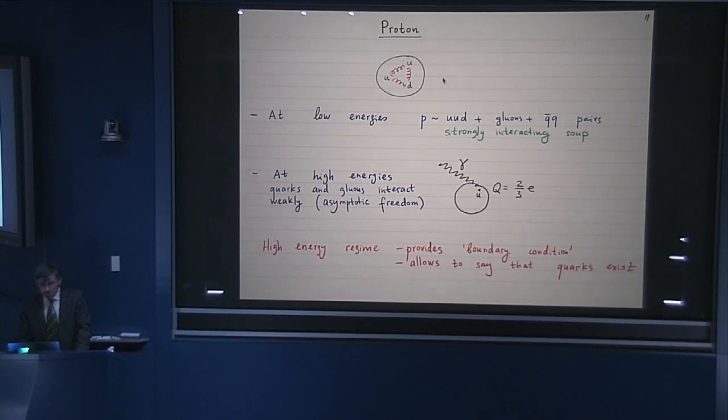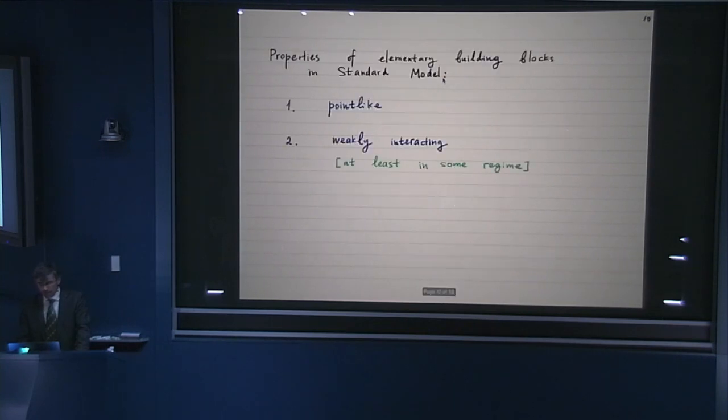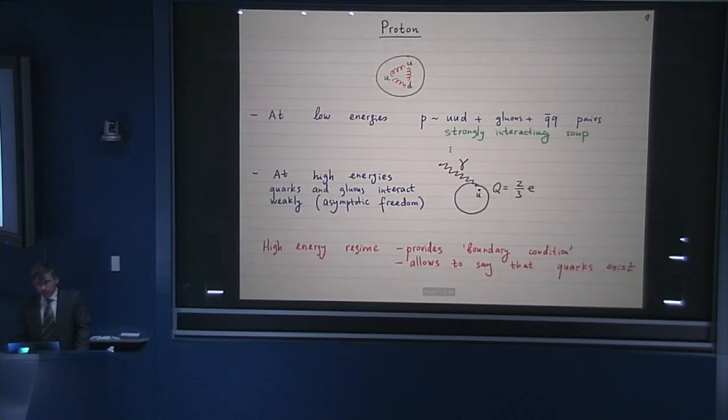And for example, let's take the proton. The proton shows that this qualification, at least in some regime, weakly interacting, is important. Because if you read about the proton in science popularization books, they say the proton is made out of 3 quarks. Well, let me tell you something that popularization books don't always tell you: this is a bit more complicated than that.